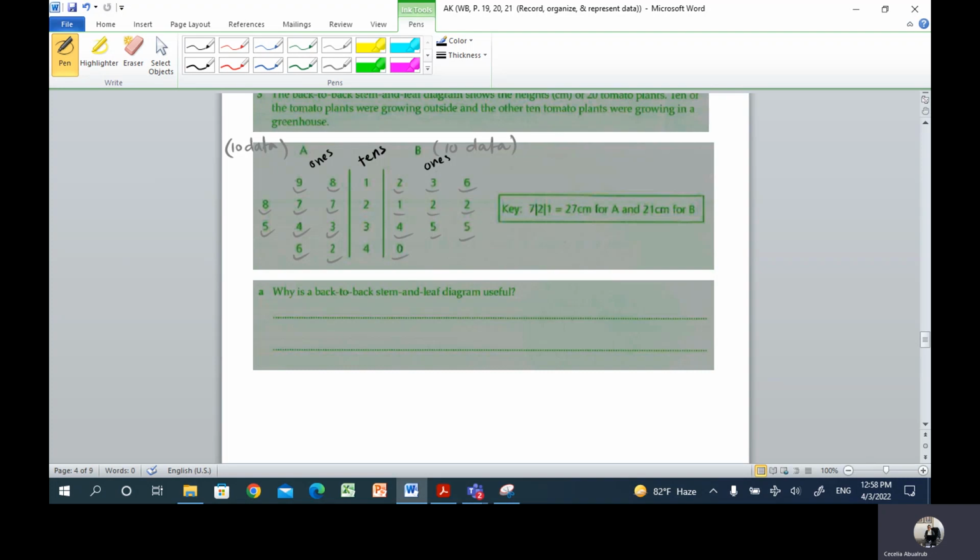Why is the stem and leaf a useful way to display data? I'm going to answer this here.